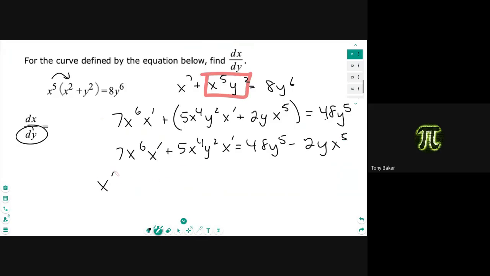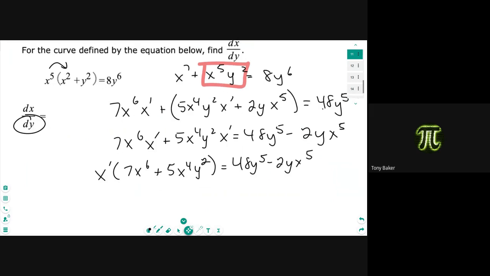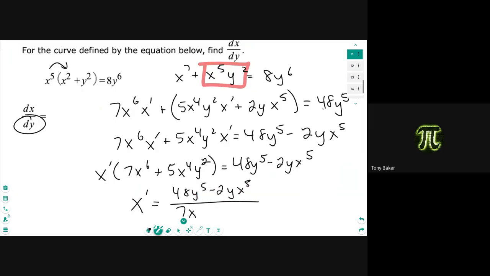Then we factor out the x prime. And we divide over by what we have left. And that's your final answer.